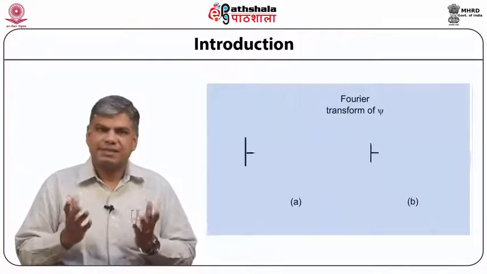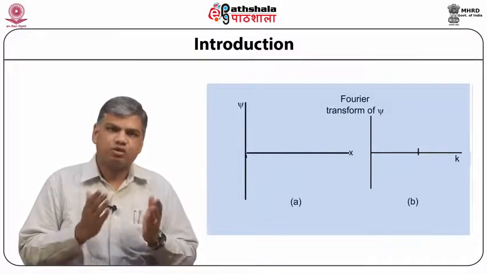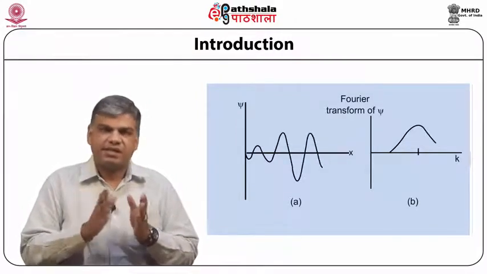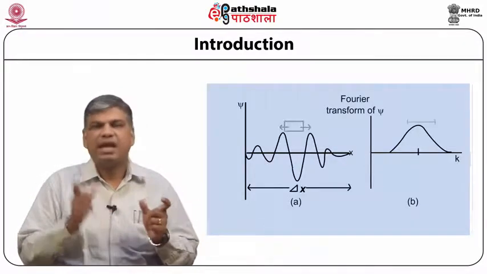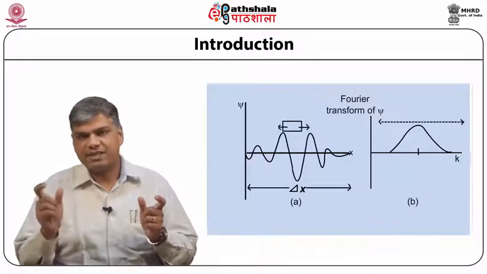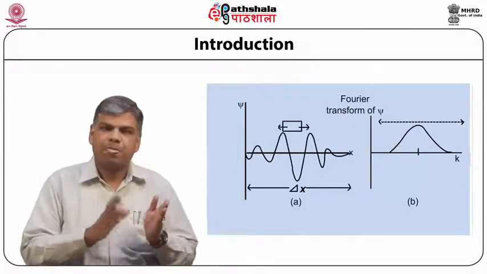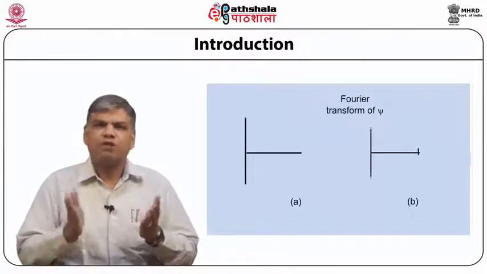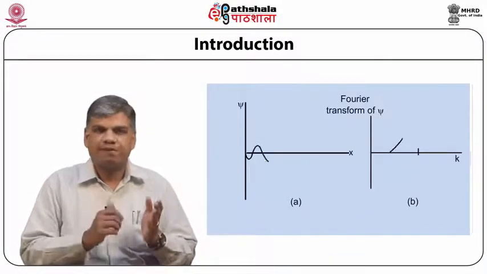Now, let us discuss the form of the wave packet, because it is imperative to know what the form of the wave packet is, as the extension or spread of the position, that is delta x, and of the wave number, that is delta k, both depend upon the form of the wave packet. Unless we know these two spreads, we will not know how the uncertainty principle will behave.